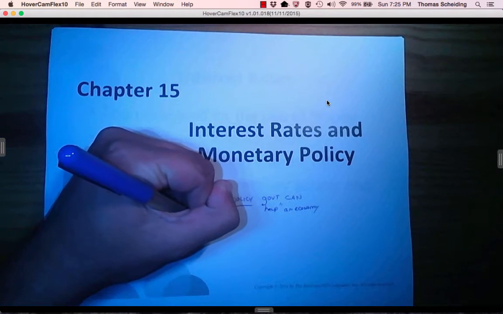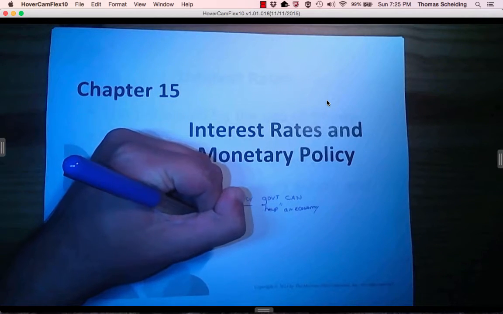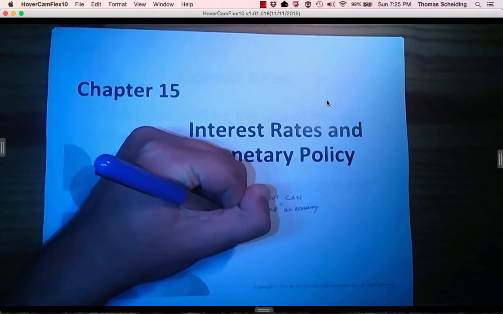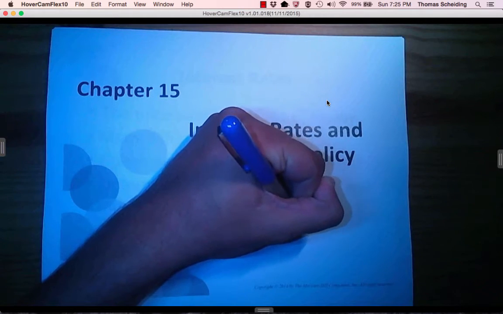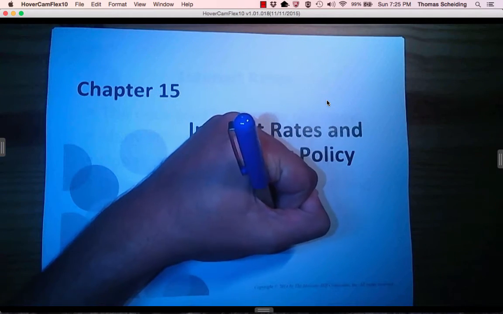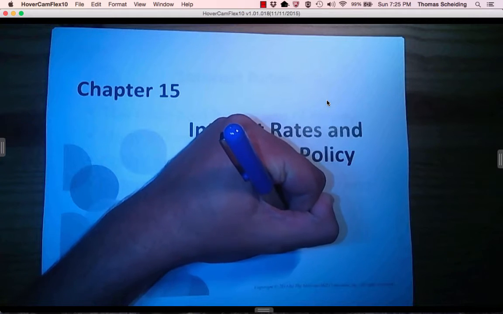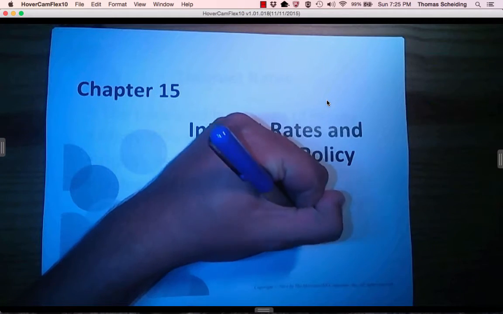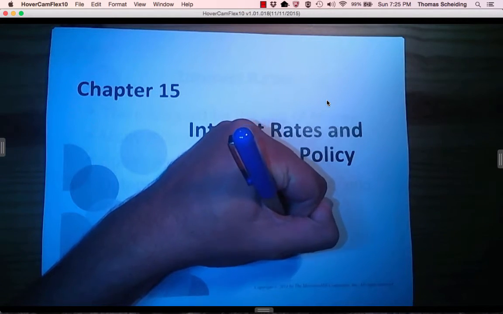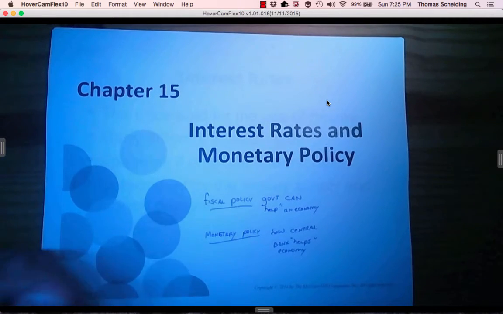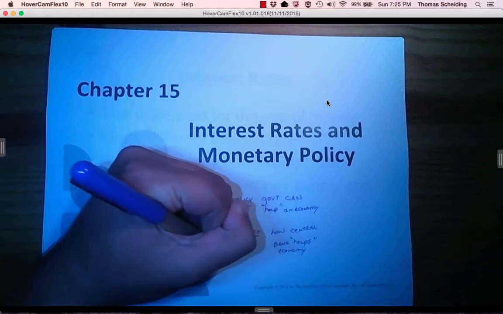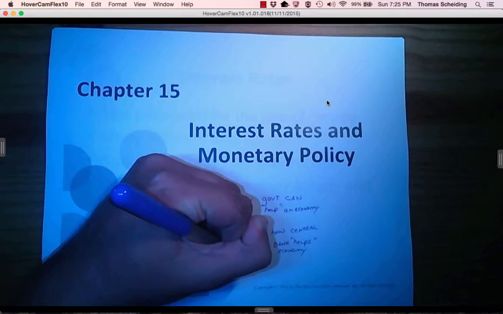Now what we're talking about is monetary policy. Now we're talking about how a central bank helps the economy. And the way that it primarily does this is by changing the money supply.